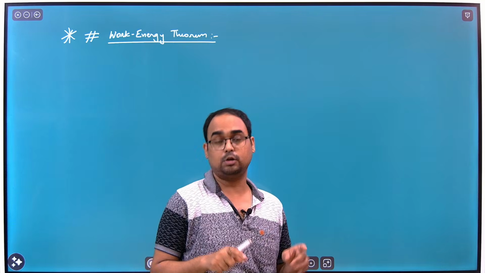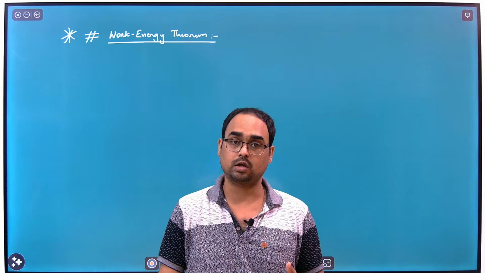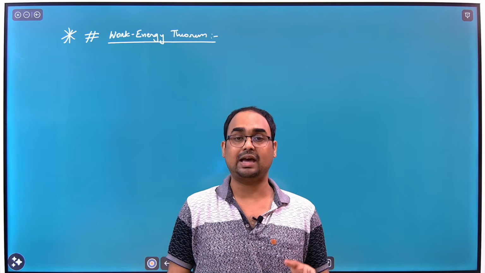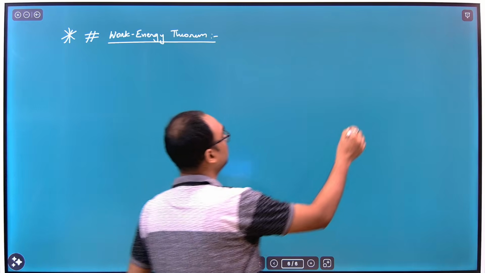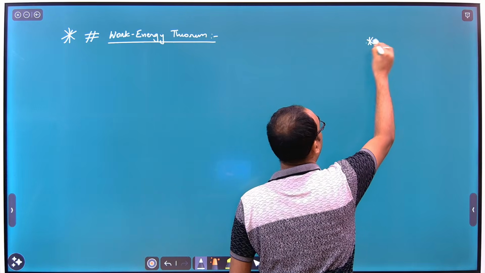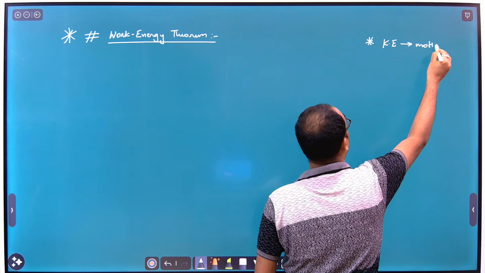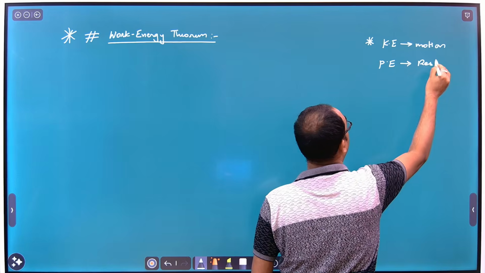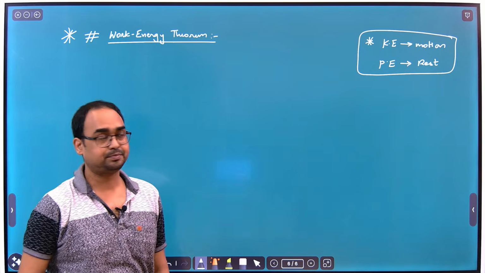Kinetic energy. Because make sure whenever the body is in motion, only then the body is doing work, and motion means kinetic energy, whereas potential energy means the body is at rest. So, let me write it down for you. Kinetic energy for motion and potential energy for rest, so that you don't forget it.